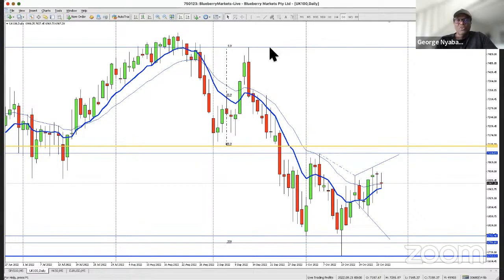Let me do it this way. I'm going to keep it on the chart. So this was the 23rd of September. This is the high of 23 September. Breakout.